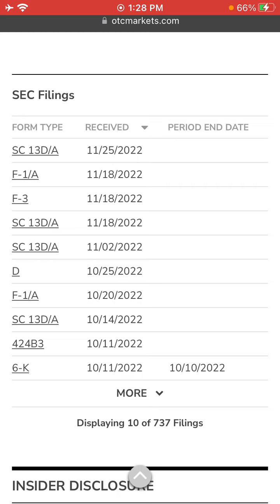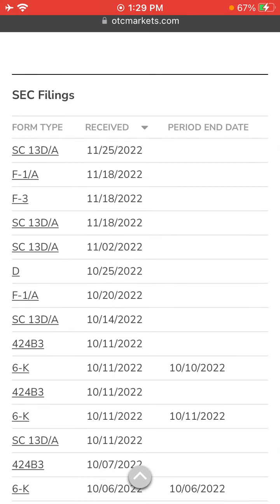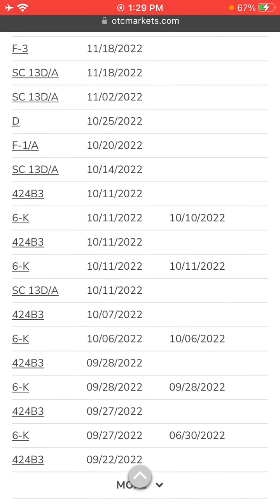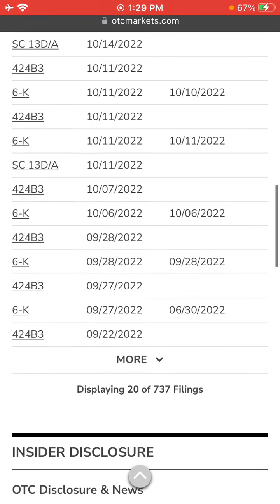I might have to explain more in another video, but here just to show you, the 10K file also equals the 6K file, but the 10K file for a foreign company equals, I think it's 20F.